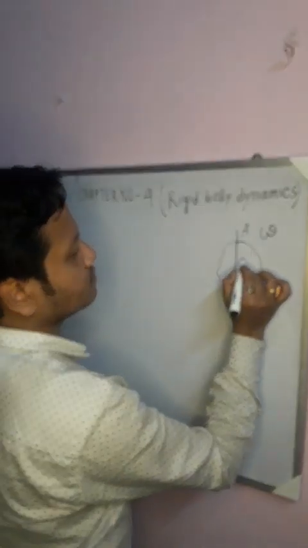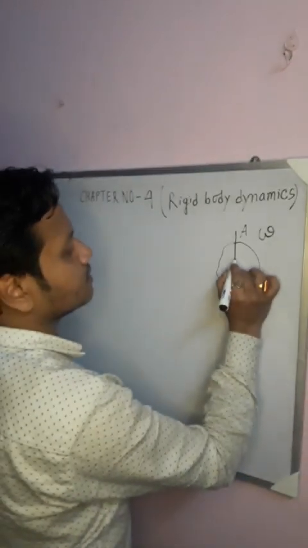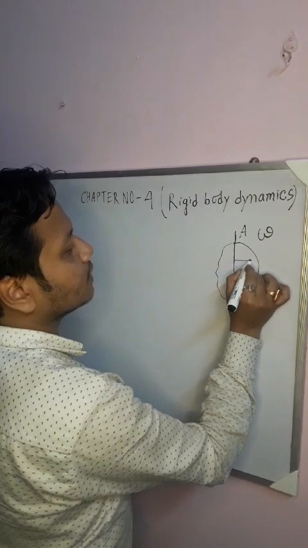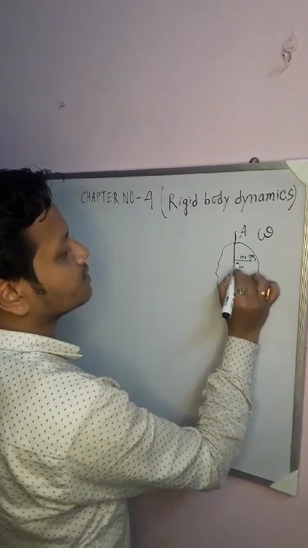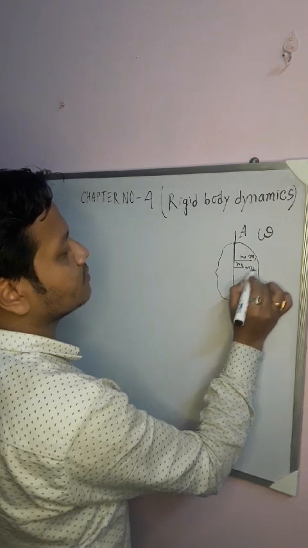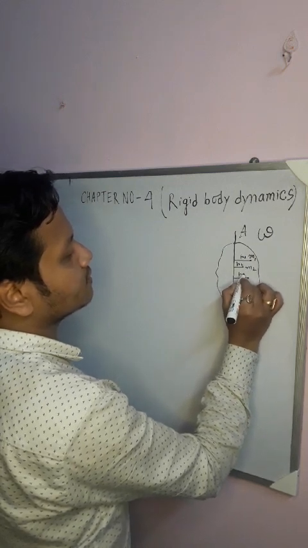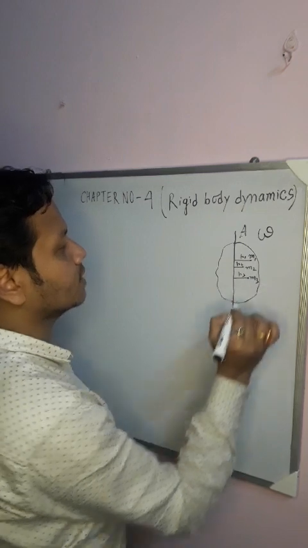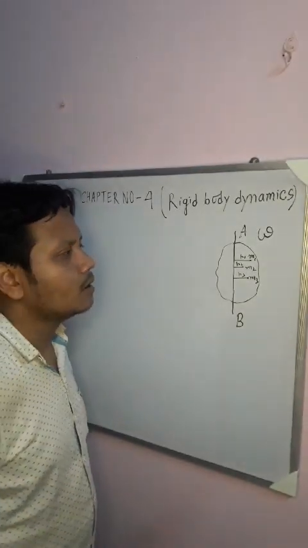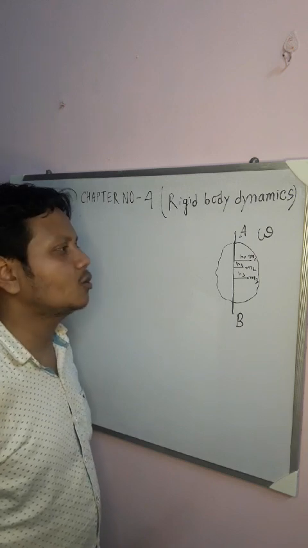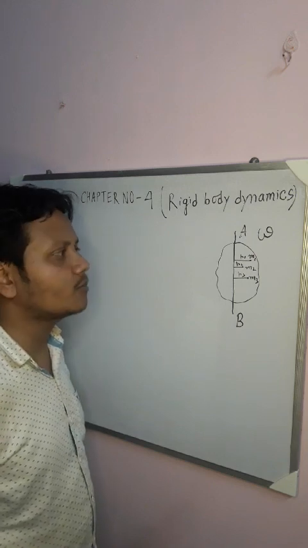Take a particle m1 at a distance r1, a particle m2 at a distance r2, and a particle of mass m3 at a distance r3. In this way the rigid body is made up of a large number of small particles located at different distances from the axis.